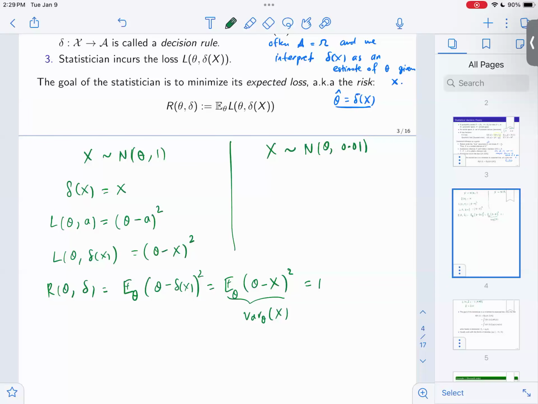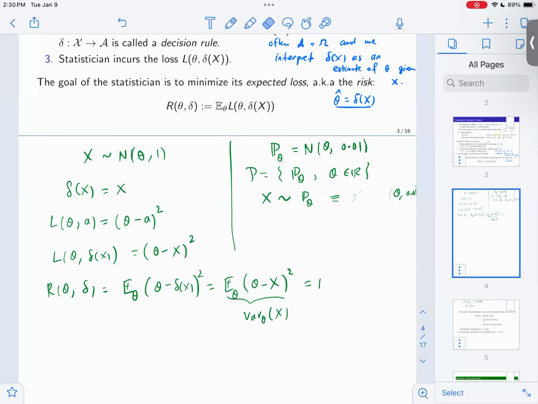This is another one: normal theta and 0.01. I'm specifying the family. If you want to be formal, P theta is this, and P is just a family of P thetas where theta is in R. Then X is drawn from P theta, which is equivalent to X drawn from normal theta and 0.01.